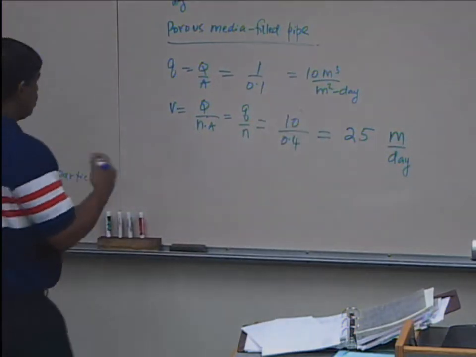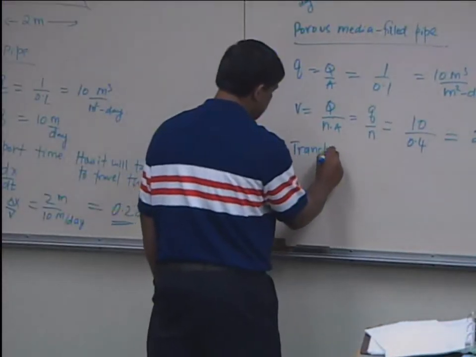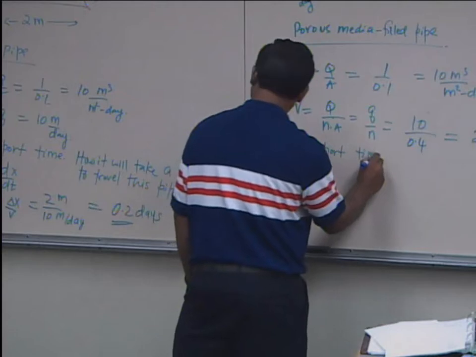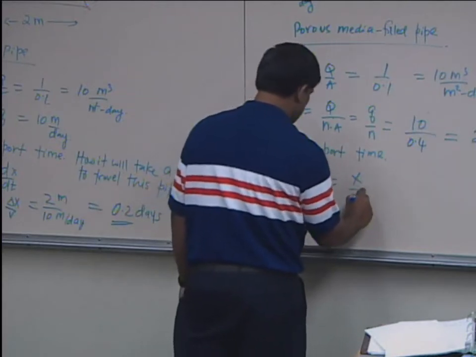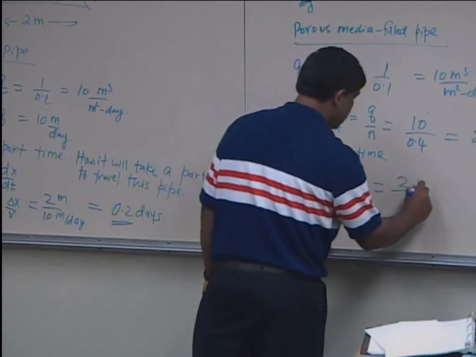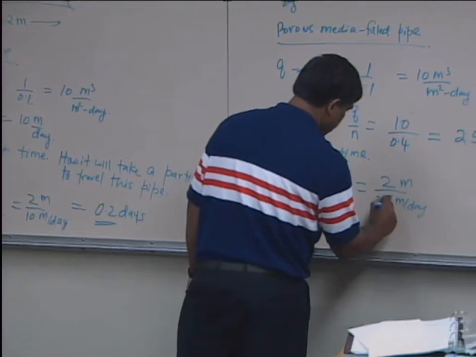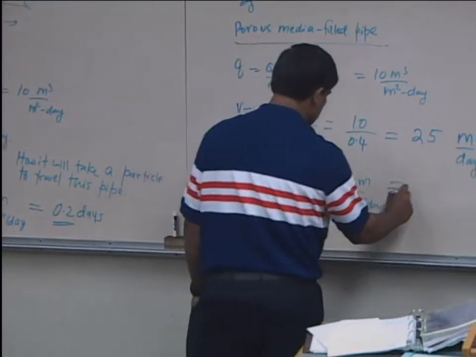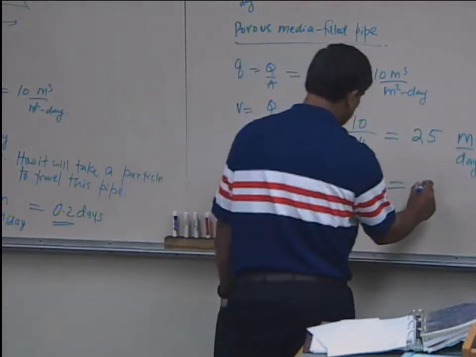Okay. Now, transport time, if I calculate, T is equal to x by v, which is equal to 2 meter divided by 25 meter per day, which is equal to what? 200 divided by 25, 8?